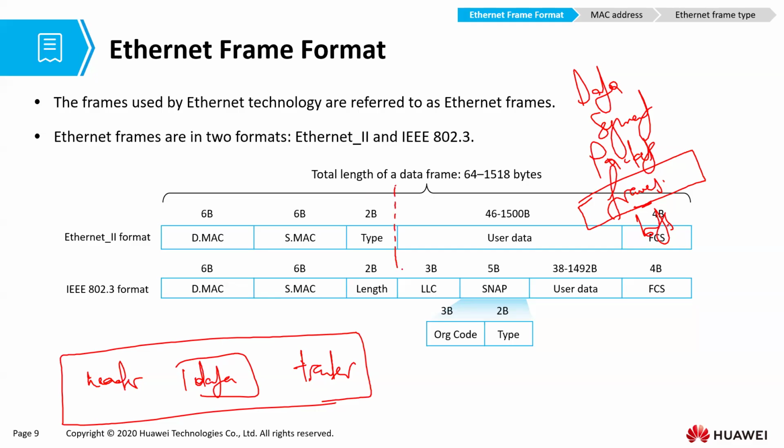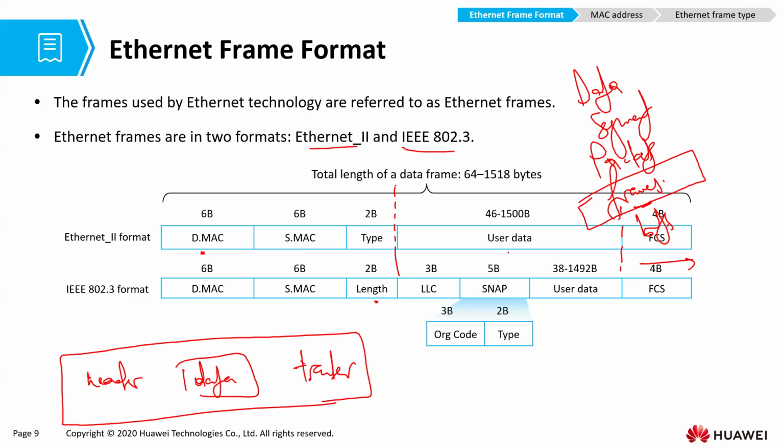Then this is our information, the data, and everything after this is our trailer. The fields are the destination MAC address, the source, and the type or length, depending on the two types of frames.